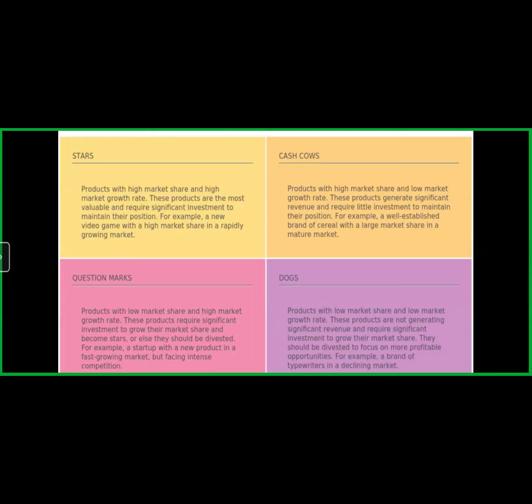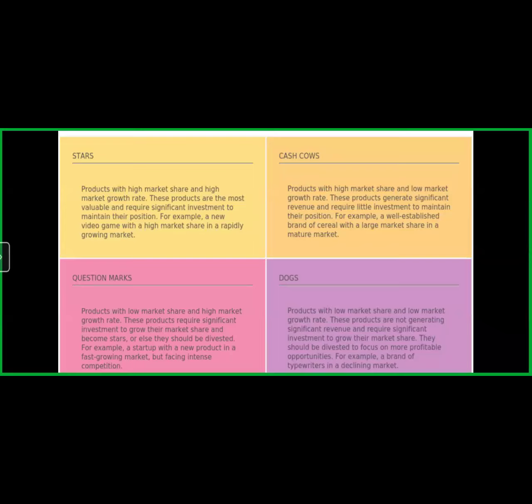Now, this indicates that the market of that particular product is also growing. So, the first thing we need to understand is what is the market share of our product, and the second thing we need to analyze here is whether the product is rapidly increasing in that particular sector or not.